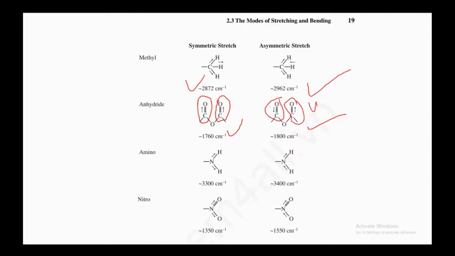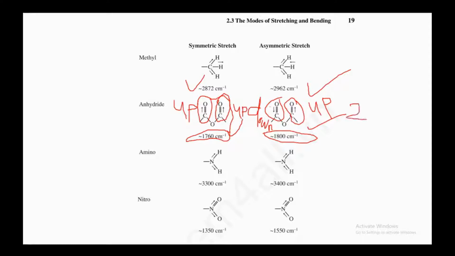In the symmetric stretching, both arrows are going up. So the carbonyl group of anhydride gives two peaks, one at 1760 and another at 1800 per centimeter.